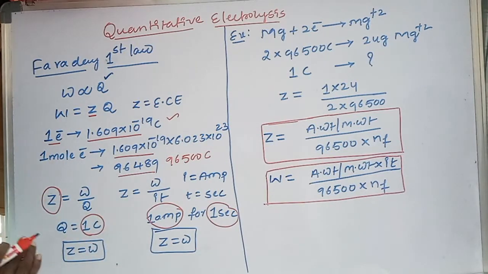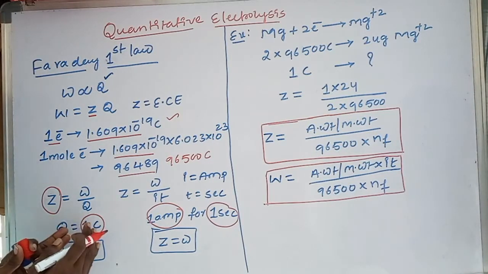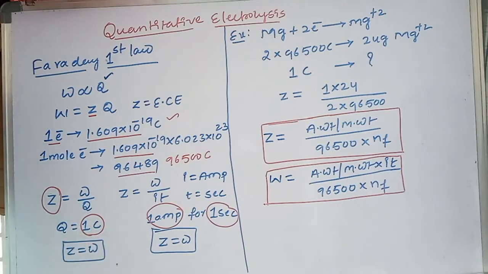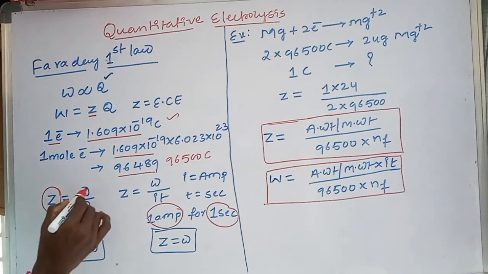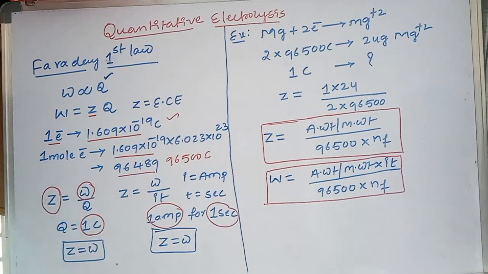Now let me explain how we define the electrochemical equivalent. When we pass a 1 coulomb charge through the electrolyte, the mass deposited on the electrode is called the electrochemical equivalent.